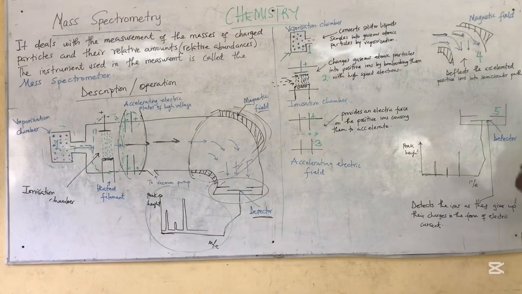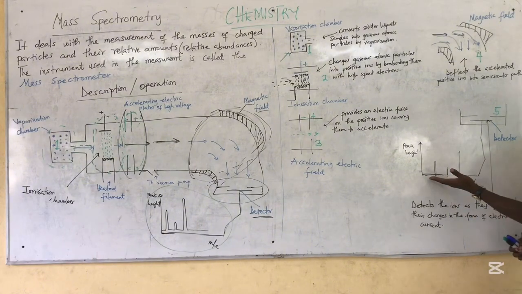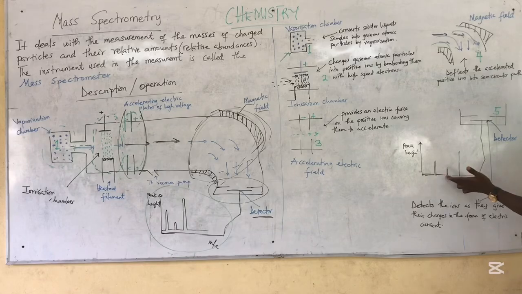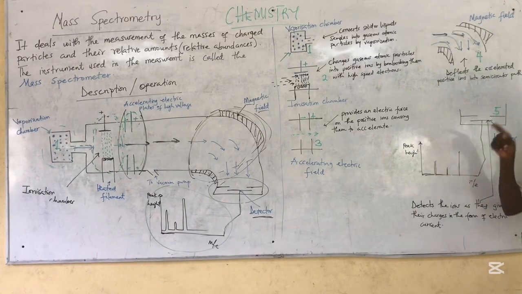Each peak represents an isotope. So if an element has no isotope, only one peak will be drawn on the mass spectrum. For example, the element that was analyzed here has 3 peaks. The 3 peaks indicate that we have 3 isotopes present in that element.